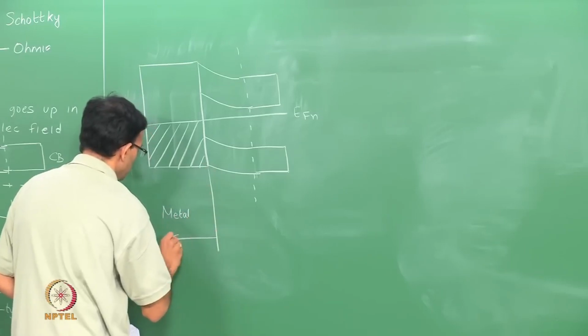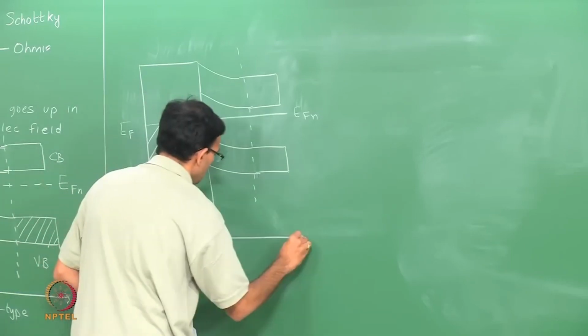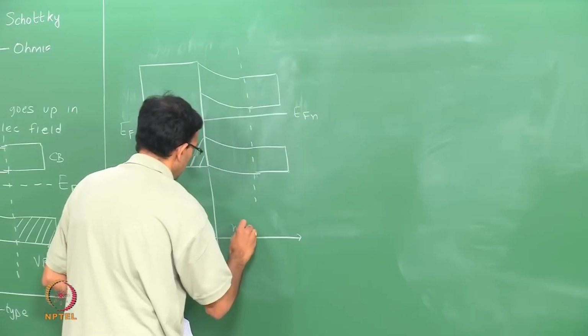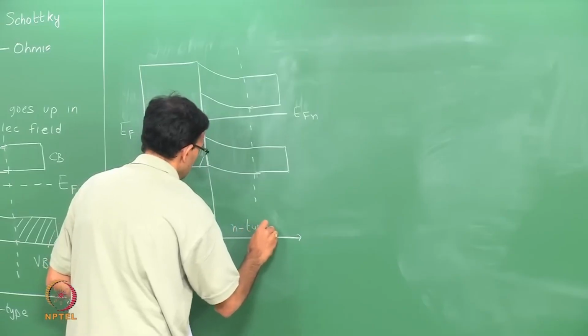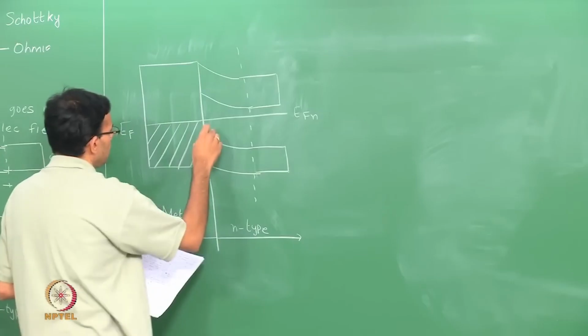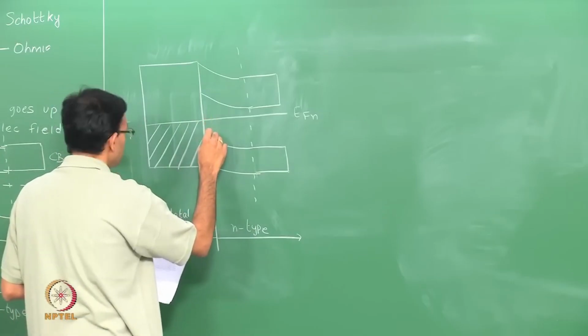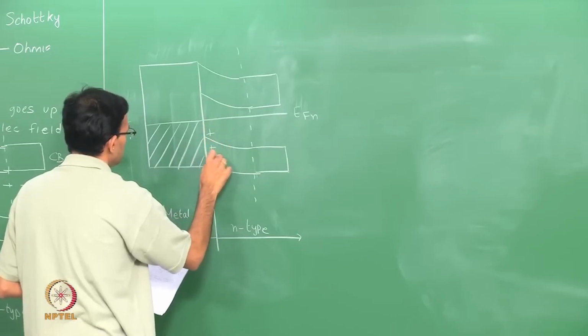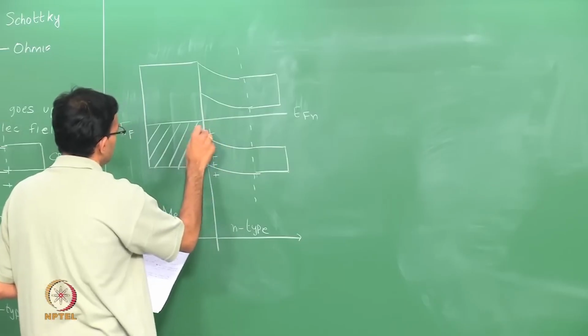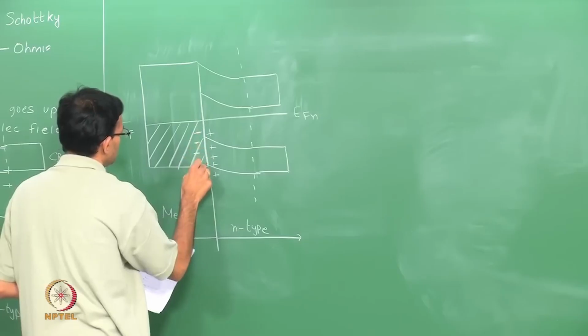So, this portion is the metal, this side is your n-type. There is a net positive charge on the semiconductor side, and there is a net negative charge.